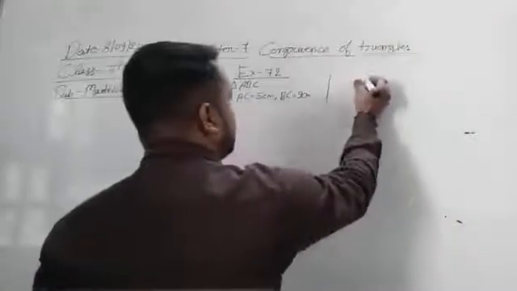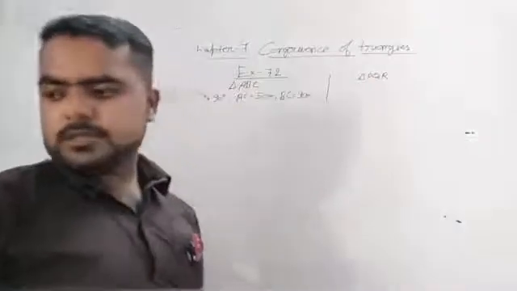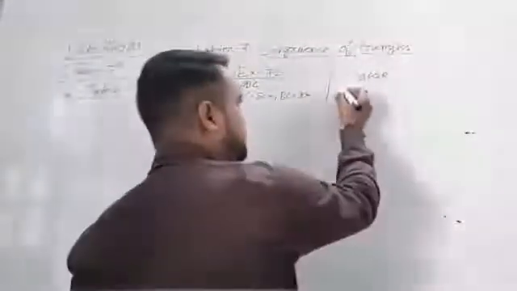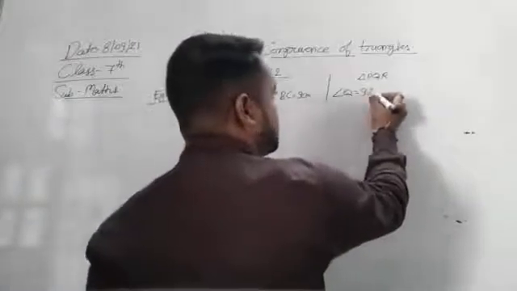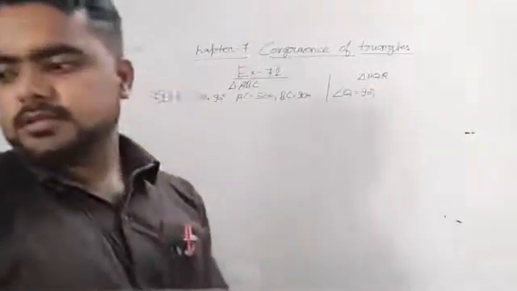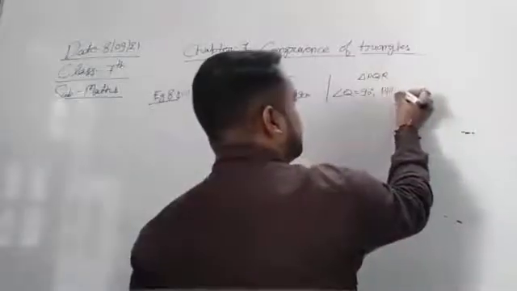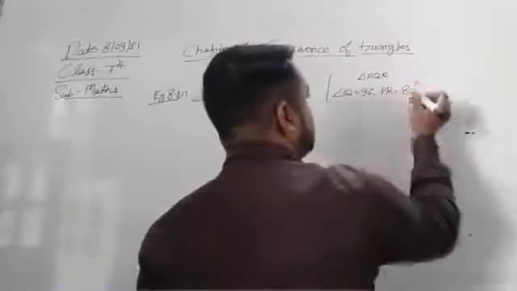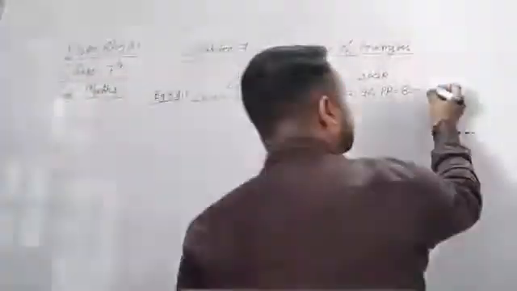In triangle PQR, the measurements are angle P equals to 90 degree, PR is equal to 8 centimeter, and PQ equals to 5 centimeter.